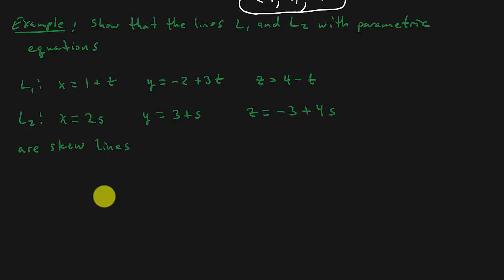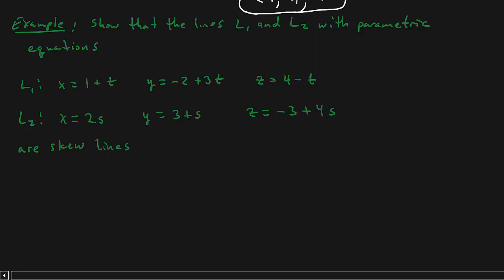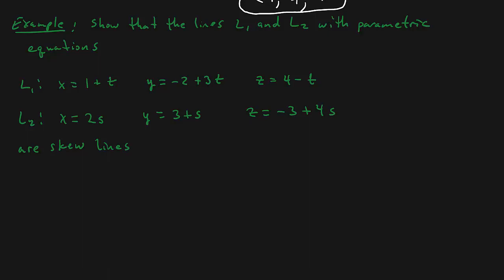We can show that by showing that their direction vectors are parallel or not parallel. Remember your vector V, the vector that's parallel to those lines.